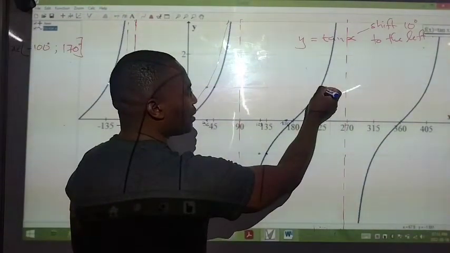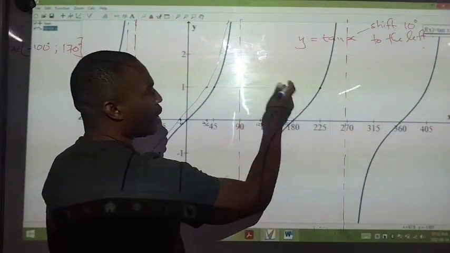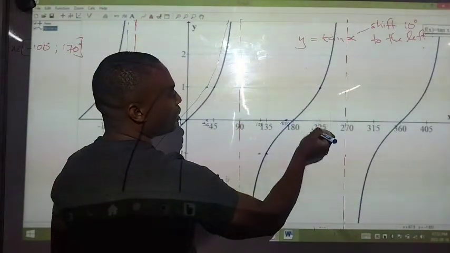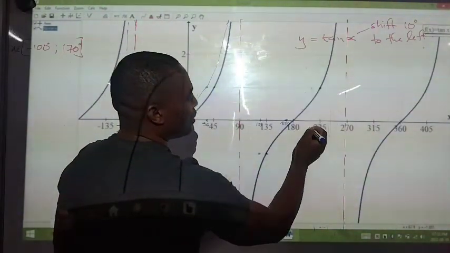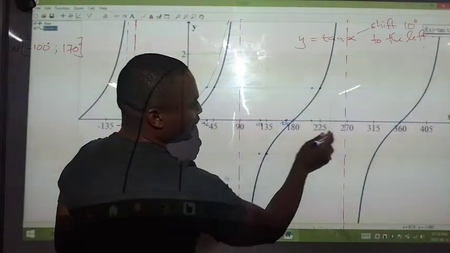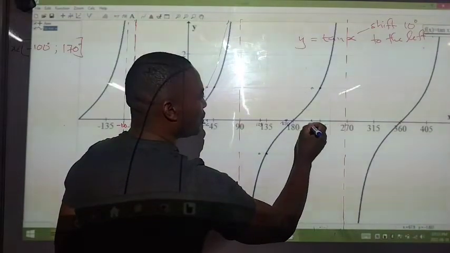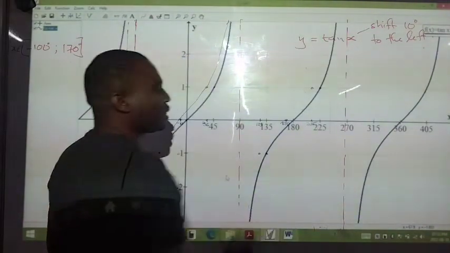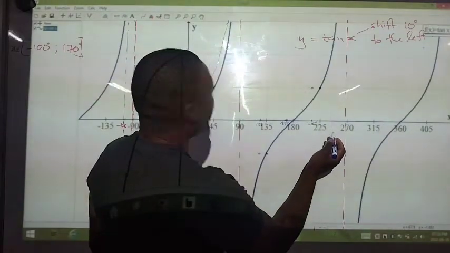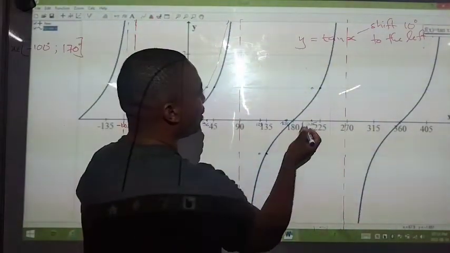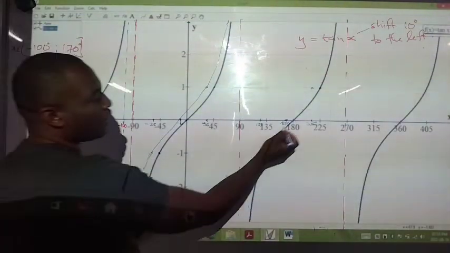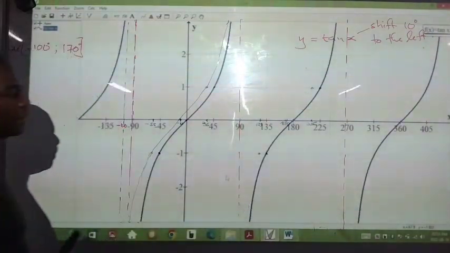This strategic point, which is 225, 1, it will now be minus 10, that will be here, and the x-coordinate we are saying is 225 minus 10, which is 215 degrees. And then also checking on this interval, we have already reached the 170 degrees.